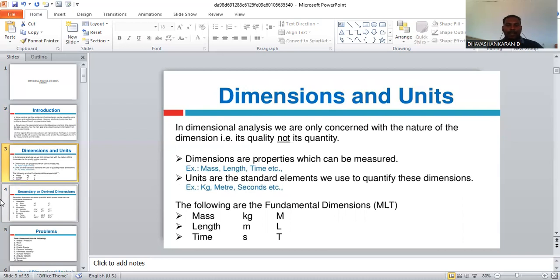Then the next is time. We calculate its unit in seconds, and in the fundamental dimension we take it as T. These three, M, L, and T, are the fundamental dimensions or physical quantities we use in dimensional analysis.